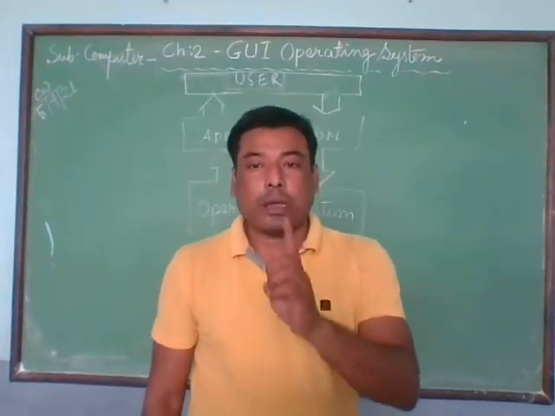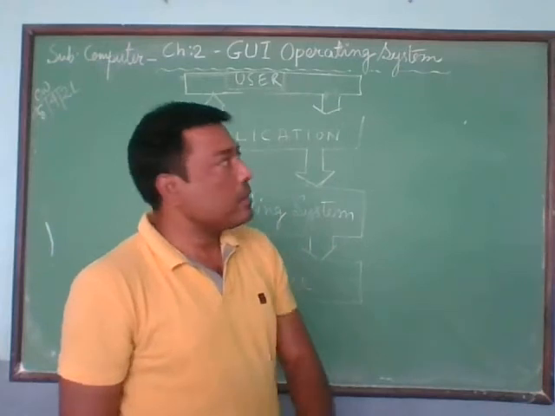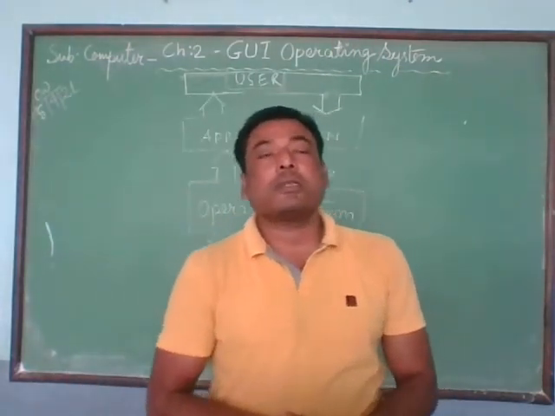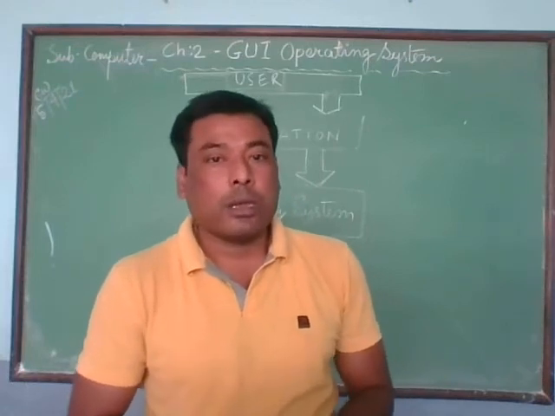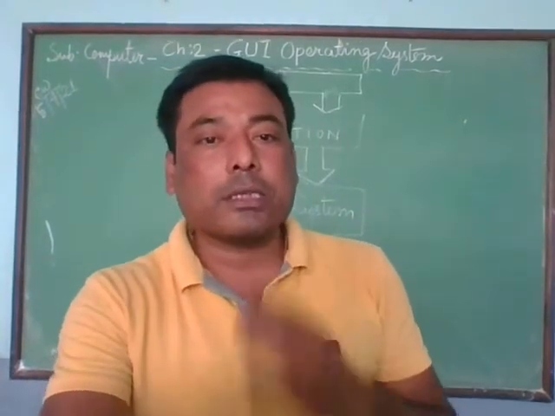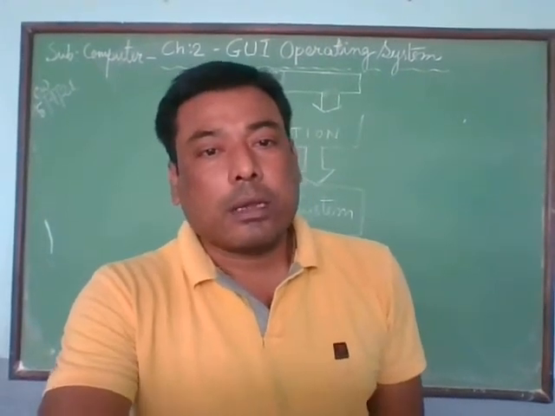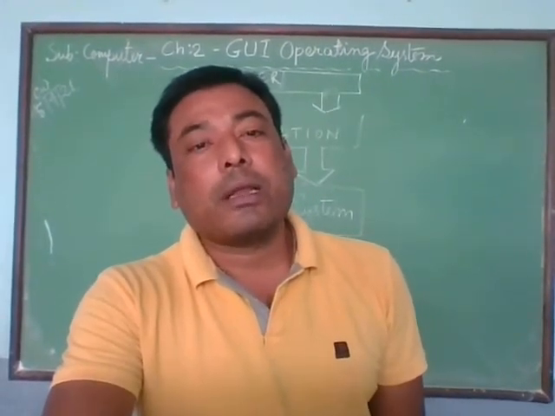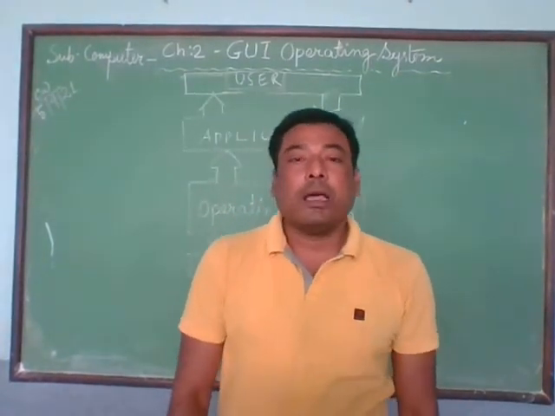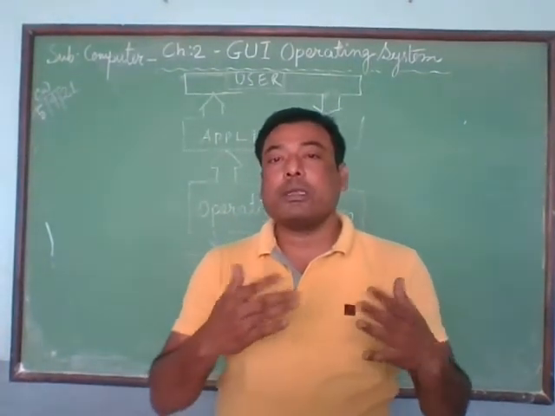Next, another user interface is the graphical user interface, as per our syllabus. The graphical user interface means the operating system is Windows, and this is very much in use nowadays. Graphical user interface is a type of interface which allows people to interact with the computer with images.